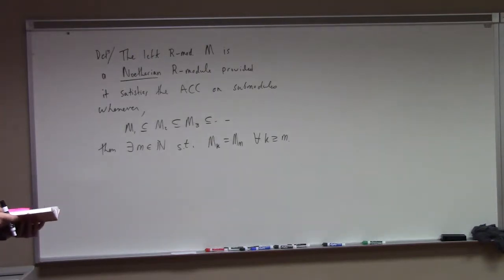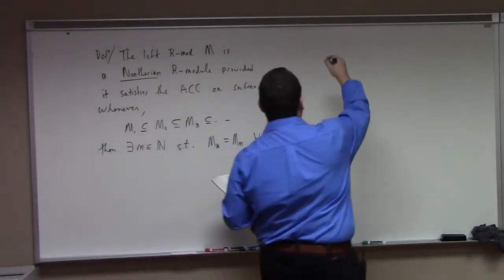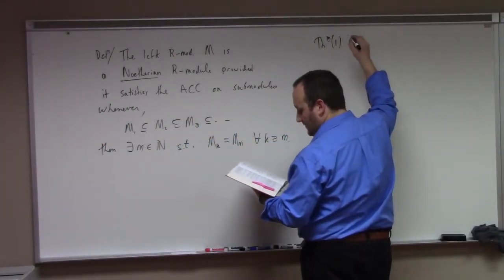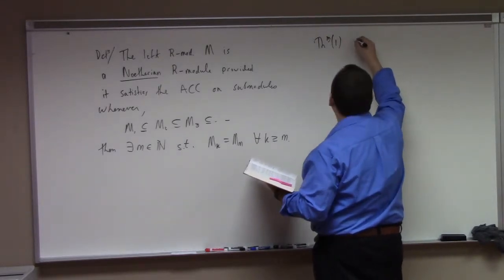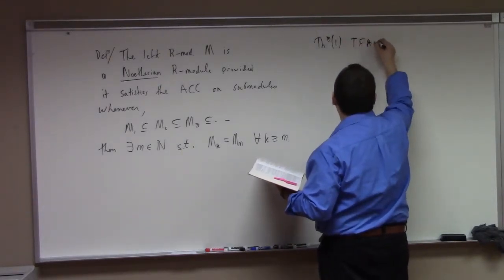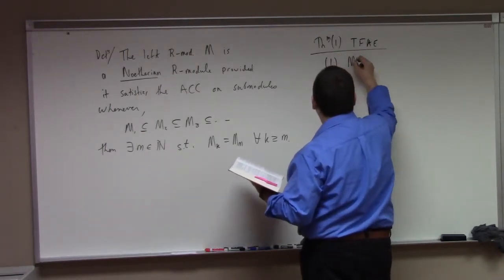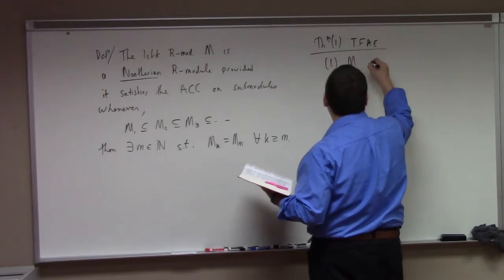All right. Now, this Noetherian condition leads us to theorem 1. And theorem 1 says the following: the following are equivalent. Number 1, M is a Noetherian R module.